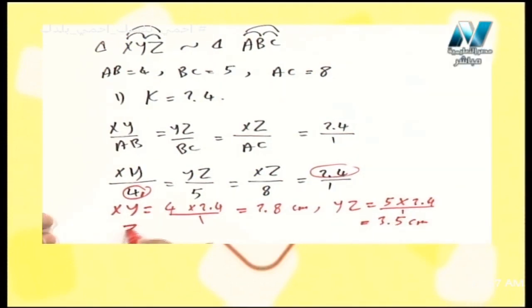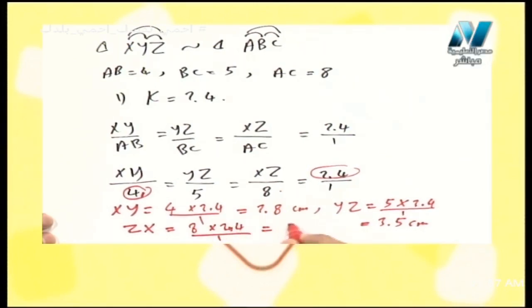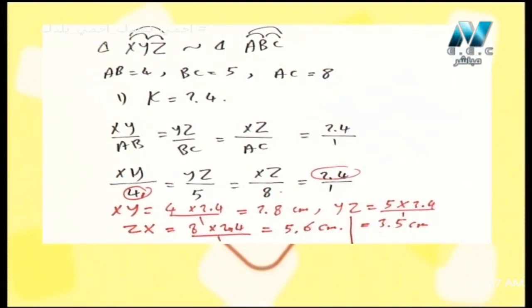And finally, ZX equals 8 times 2.4 over 1 equals 5.6 centimeters. Now we have all sides of the second triangle. Okay, we are finished now.